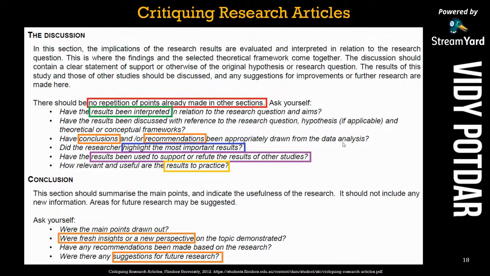Another thing that we look for, or you should look for, is how does it compare with the other existing studies. Many times what happens is the results section is very well done. It shows that the results are very good. It achieved the research objectives and so on and so forth.